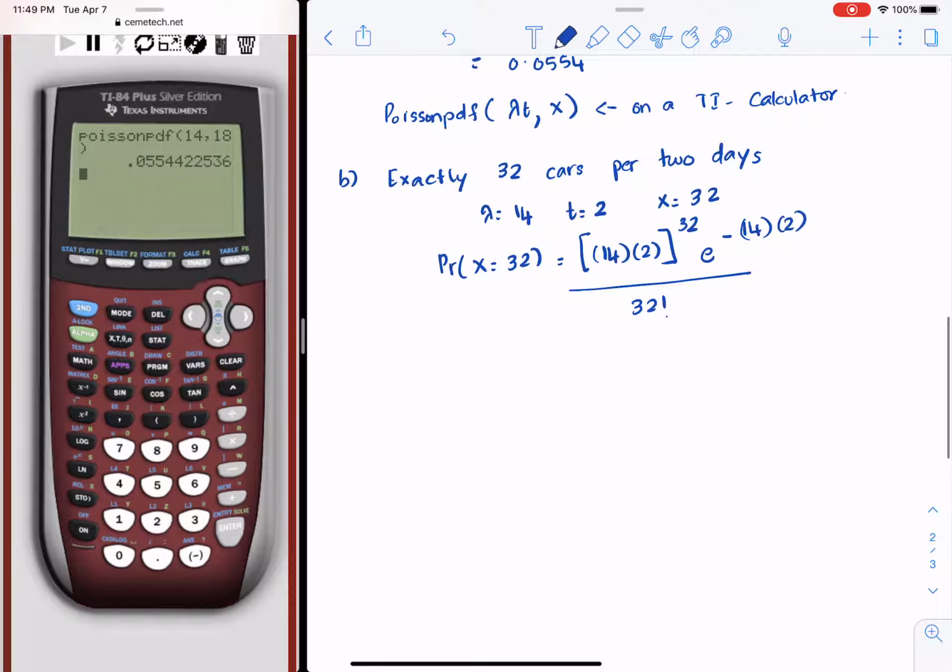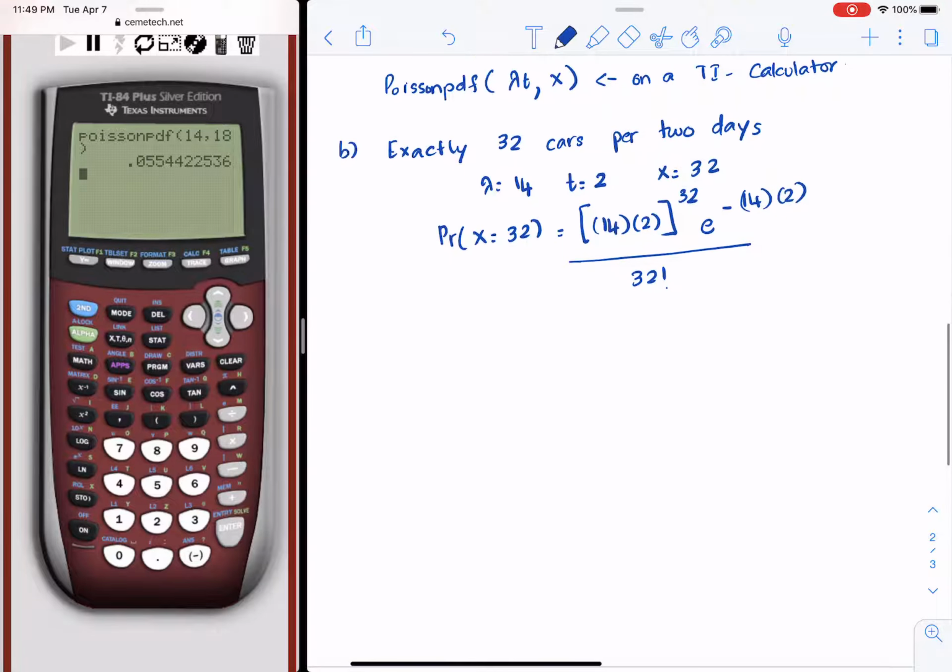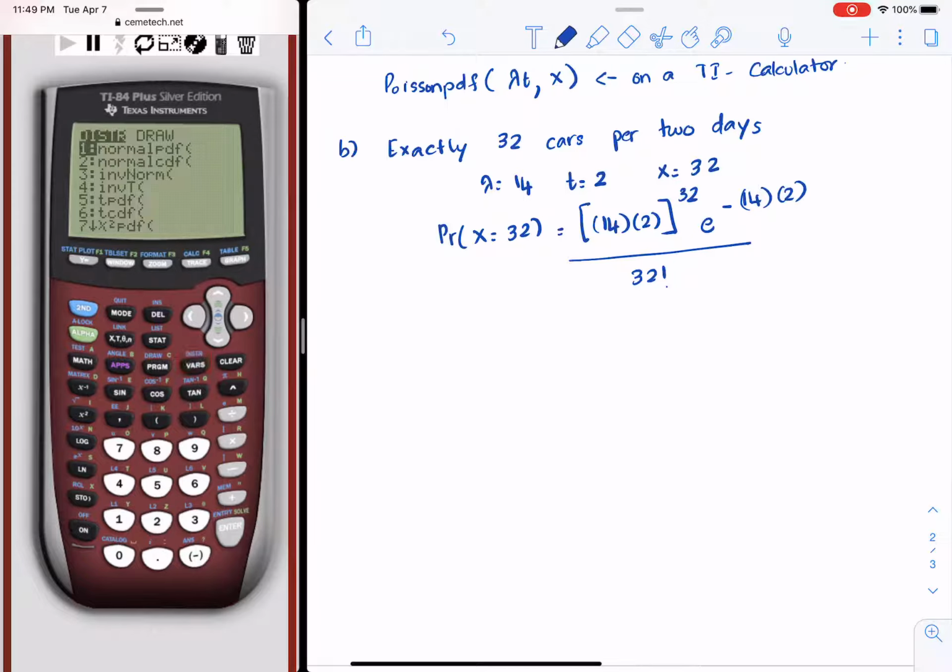So we can use the calculator to find this answer. Lambda t should go in first, which is 28, and we follow it up by 32.